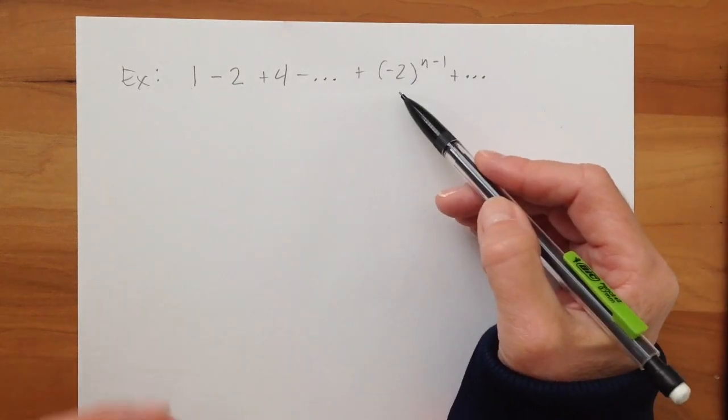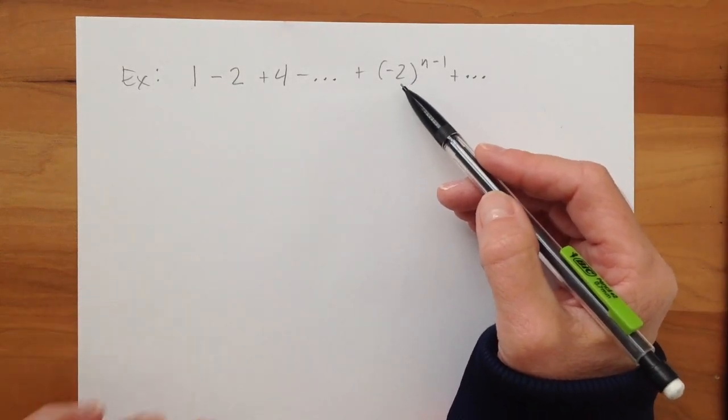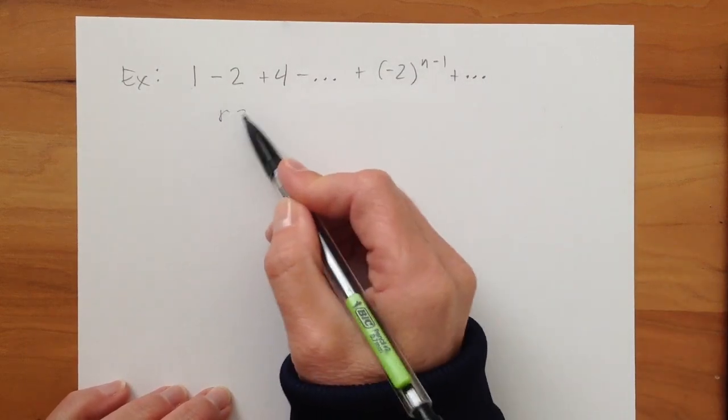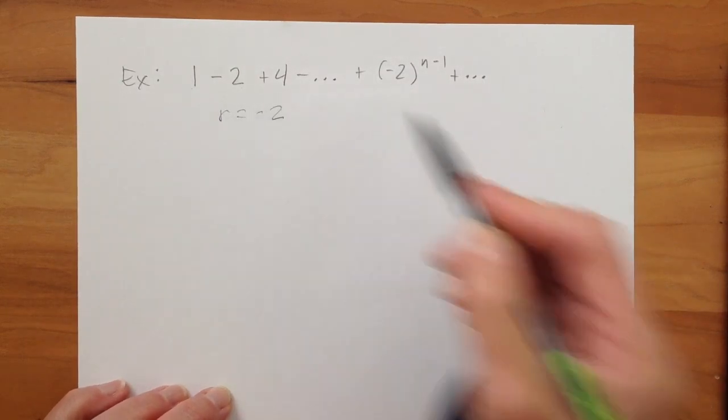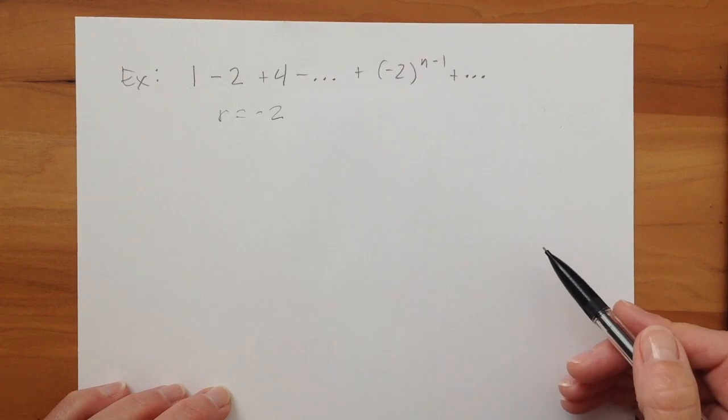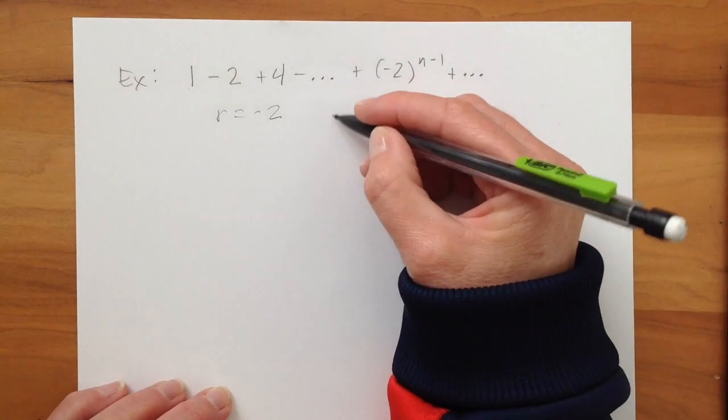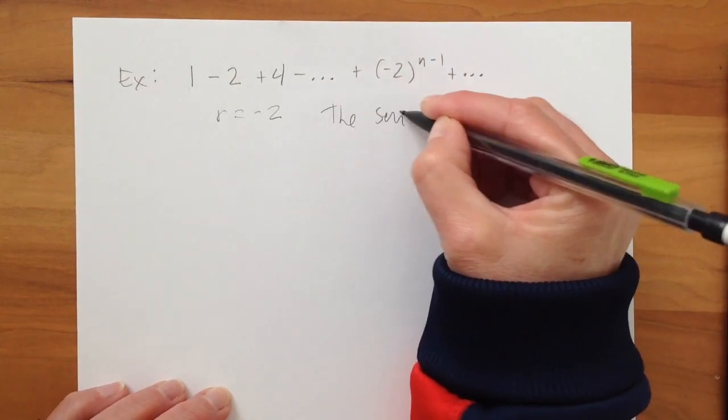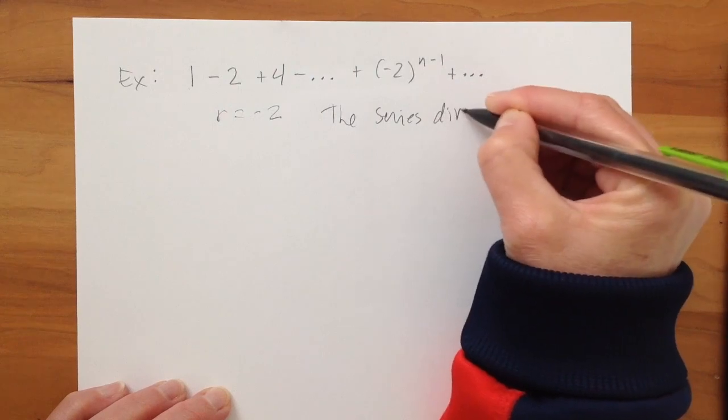This is very clearly giving us what r equals. So in this case, r is equal to -2. -2 is not between -1 and 1, so the series diverges.